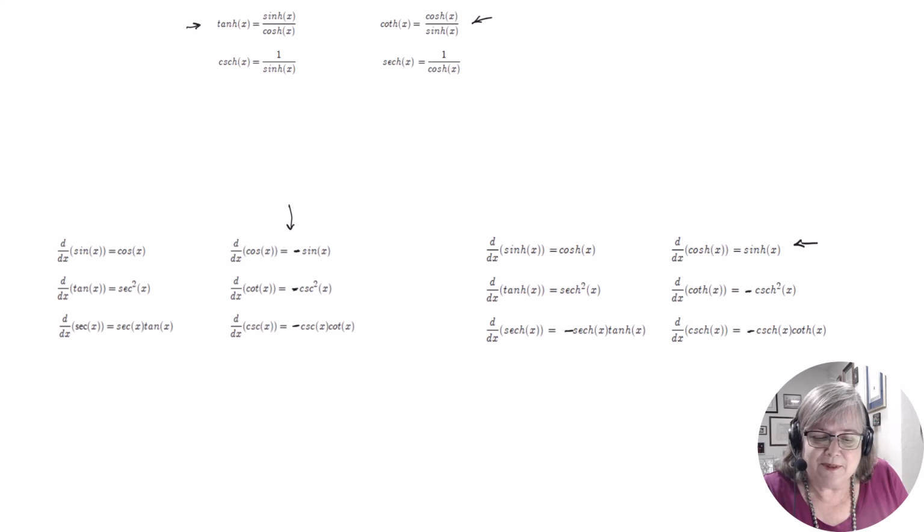So there are some similarities and some not. Just look back and forth between these two lines and take a minute to see what's the same kind of pattern and what's not. Especially pay attention to what's not the same. Because before, for instance, regular secant didn't have a negative, but hyperbolic secant has a negative over here. So just take a second.